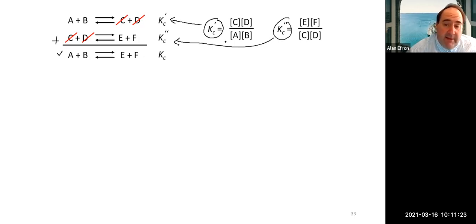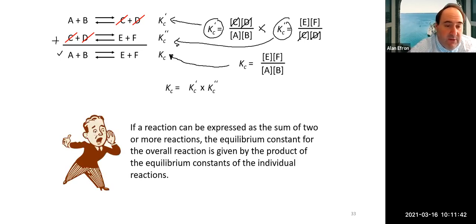If we multiply these two together, C's would cancel, D's would cancel. And what that leaves you with is the actual equilibrium constant for the overall equation here.